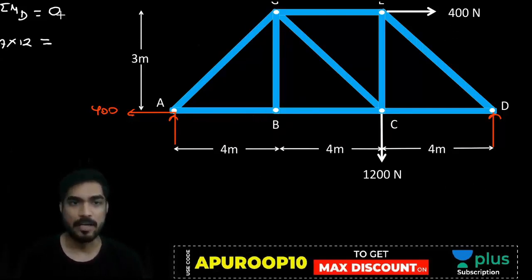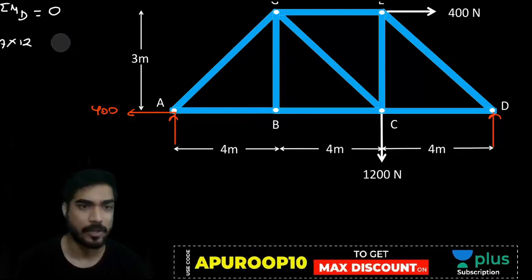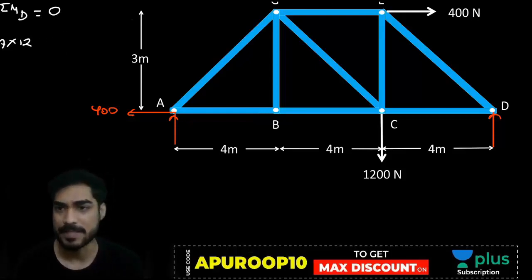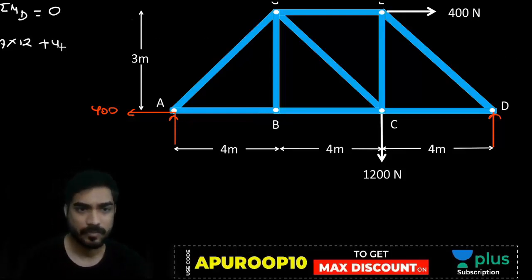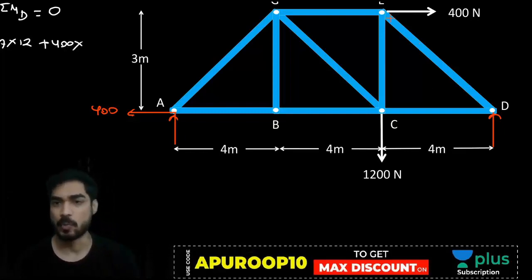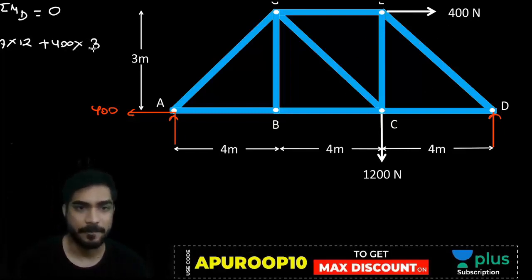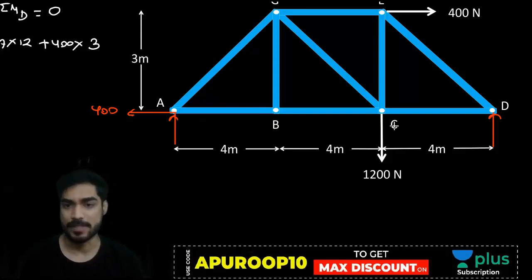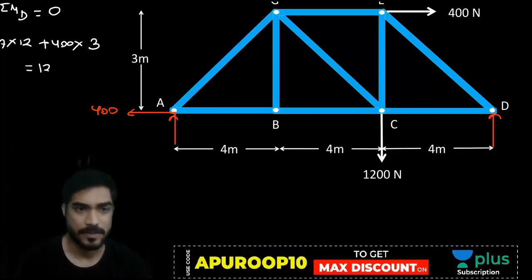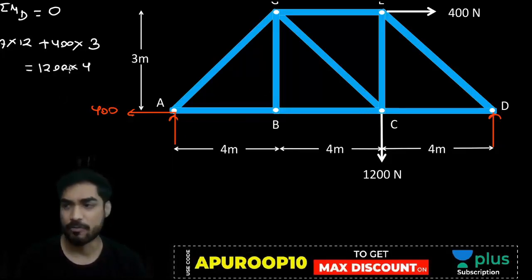The moment of this 400 Newton is also clockwise: 400 into this distance, 3 meter. The moment of 1200 is anti-clockwise: 1200 into 4.